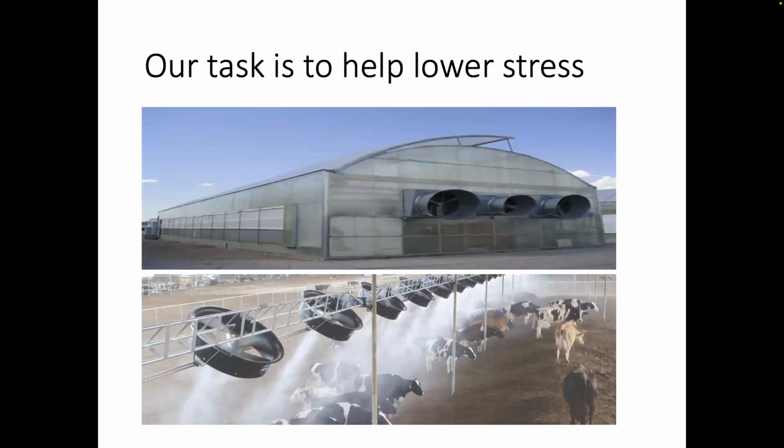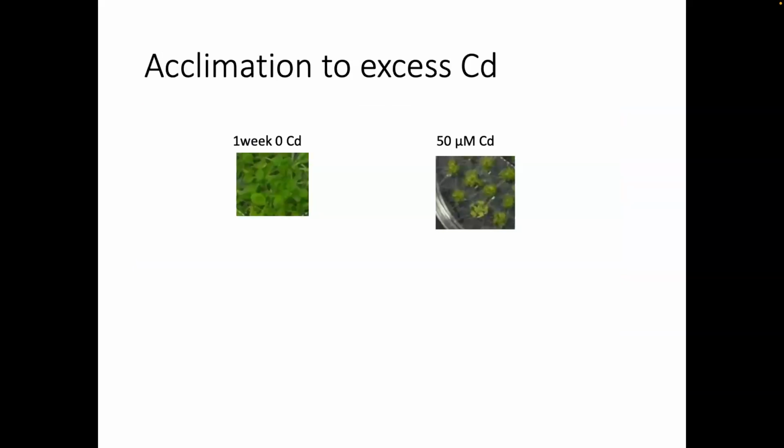Okay. Now I will tell you about acclimation. So the definition of acclimation is response to changes in environment by directly altering the physiology and morphology of the plant.